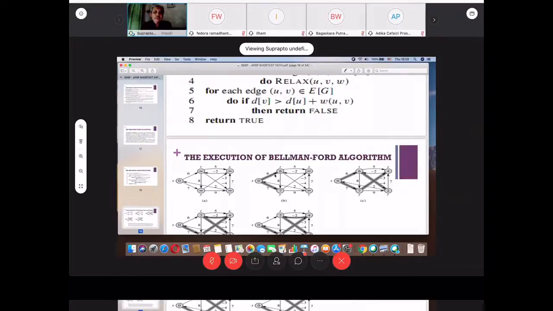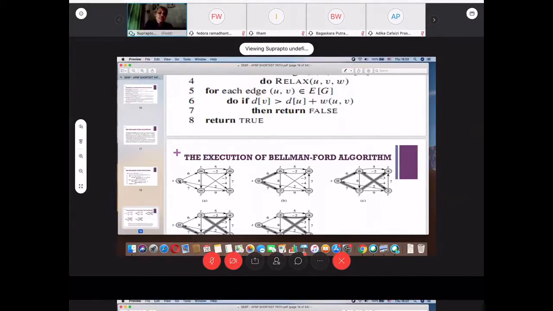That means you can decrease from infinite to 6. You can relax, right? And also for the second edge, you can relax from this by going to S, right?